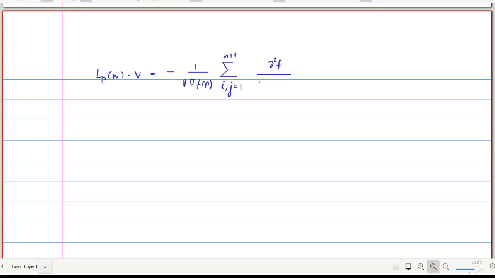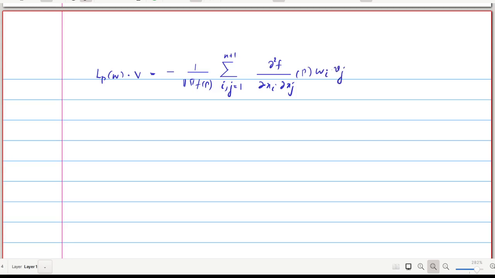When you evaluate the same quantity LPW dot v with the same rules we followed just before, you get minus 1 by norm del f of p, summation i comma j from 1 to n plus 1, dou square f divided by dou xi dou xj at p, wi into vj.